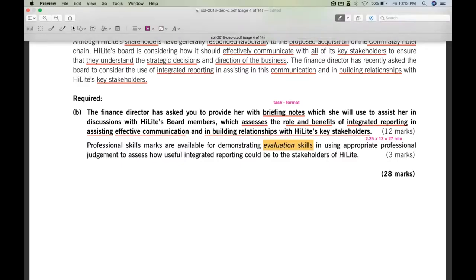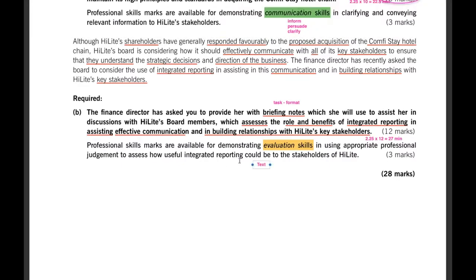All right, what's the skills tested here? So it should be assessing, estimate, and appraise.